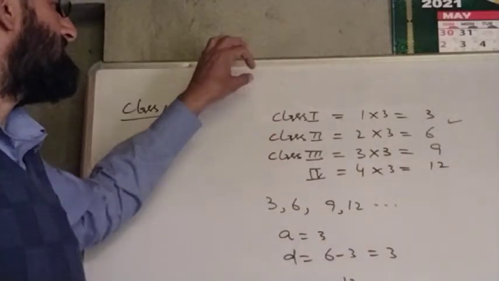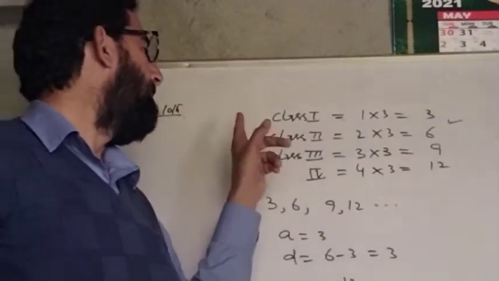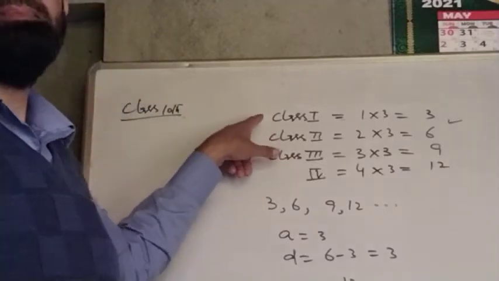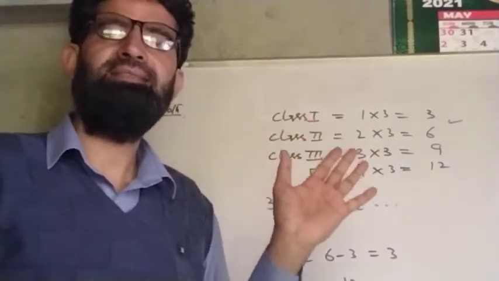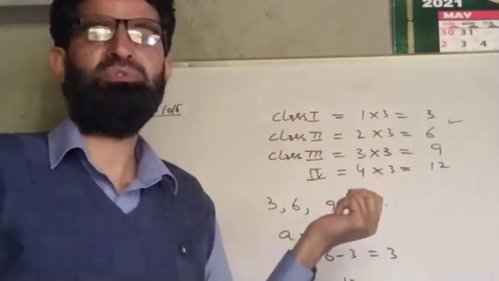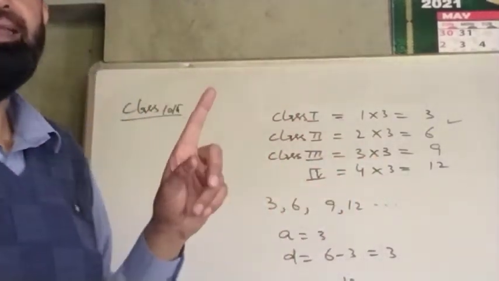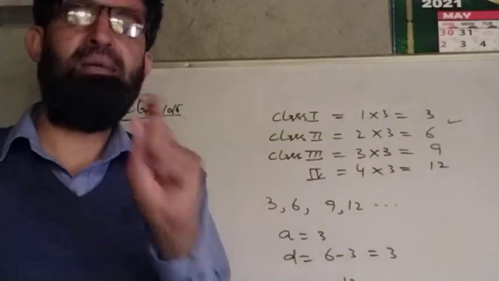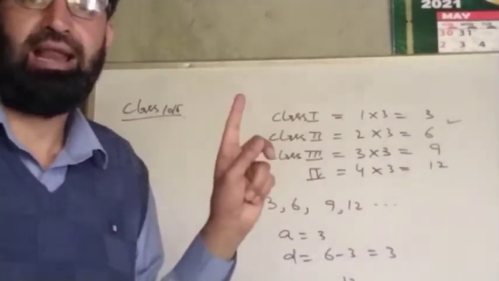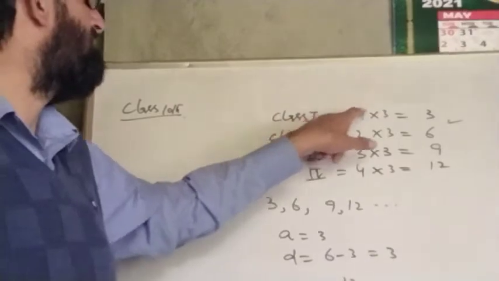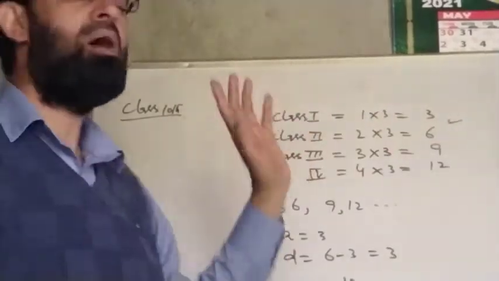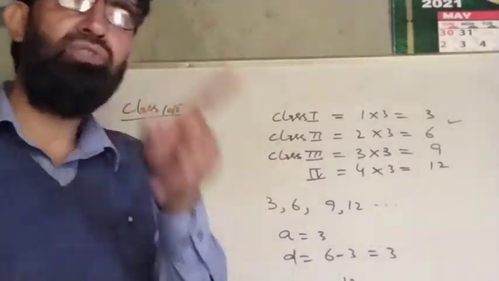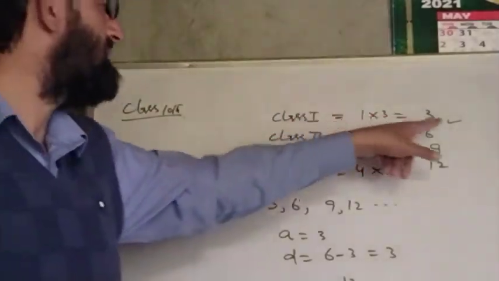So let me repeat this. The number of trees planted by each class is the number of the class. Suppose class first, class 1, they will plant only 1 tree, but there are 3 sections in each class, so they plant 1 into 3, that is 3 trees. Similarly, class second will plant 2 into 3, because there are 3 sections, so it is 6.